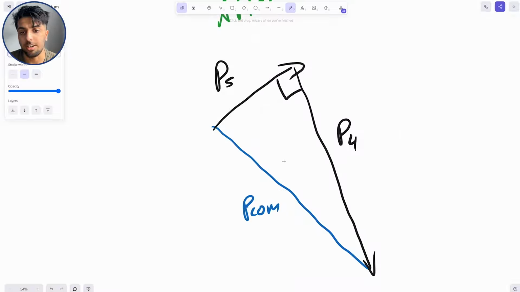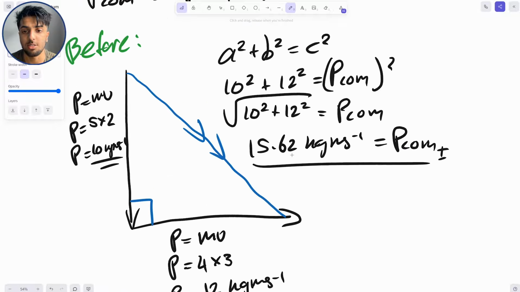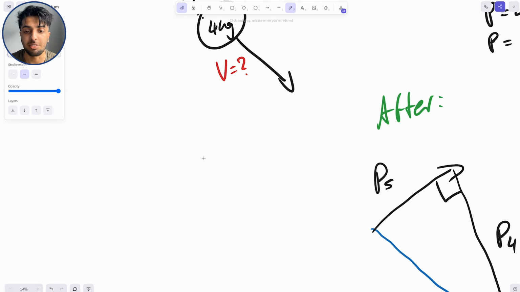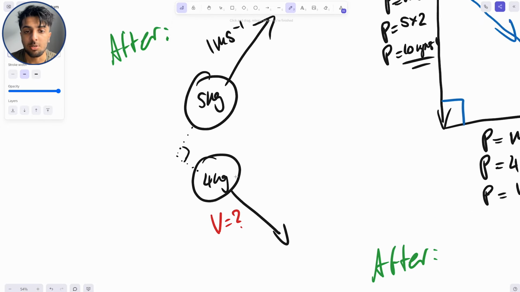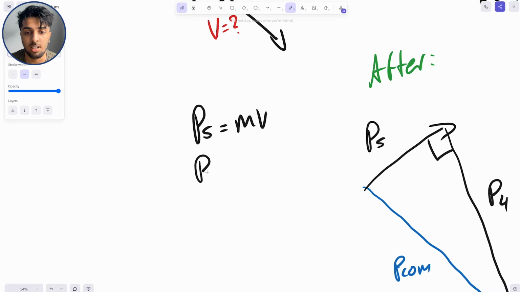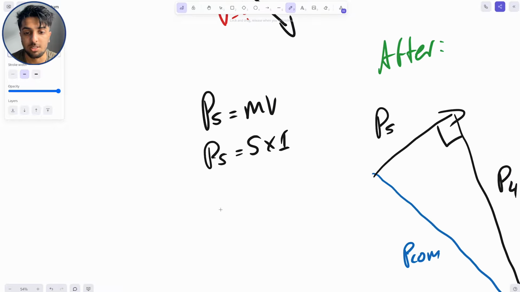Again, this is our right angle. And so we have the momentum of our center of mass, which is here. And we can calculate the momentum of the 5 kg mass, which is mass times velocity, obviously. And that is 5 kg times 1 meter per second now in the opposite scenario.